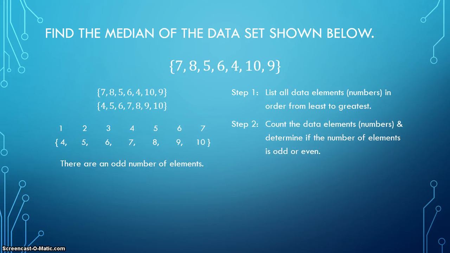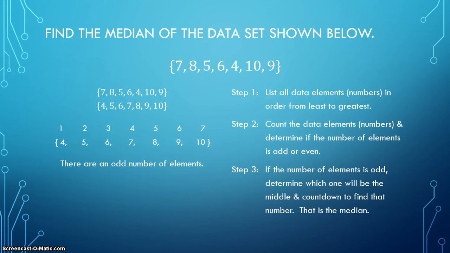Because there's an odd number of numbers, our step 3 is going to be much easier: find the number in the middle. So we take our ordered list, 4, 5, 6, 7, 8, 9, 10, and start scratching out one number from the far left and one number from the far right until we get to the middle.